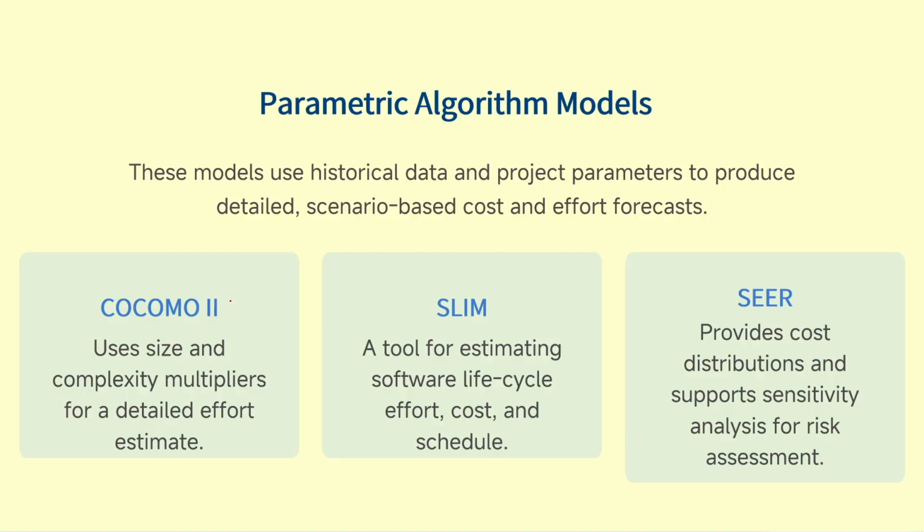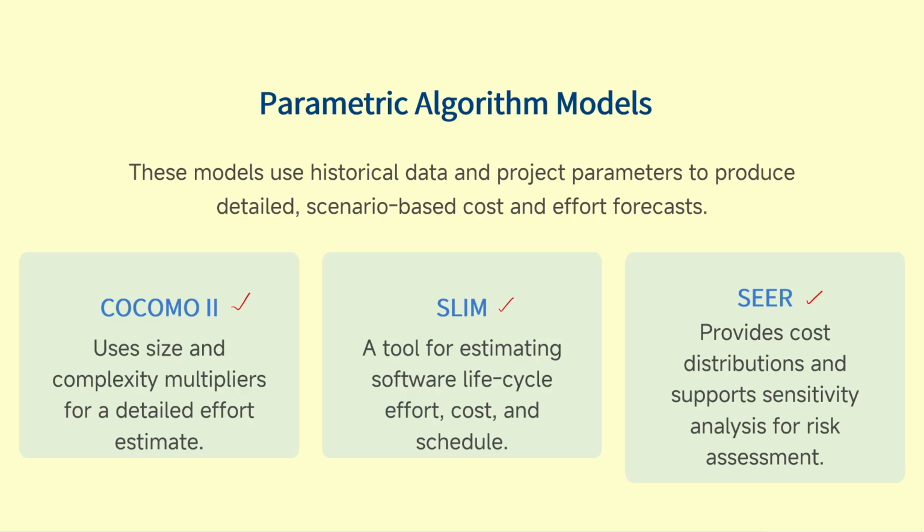Among parametric algorithms, there are many. Here we have listed 3 models. The first one is COCOMO, the second one is SLIM, which is the software lifecycle model, and there is the SEER model.